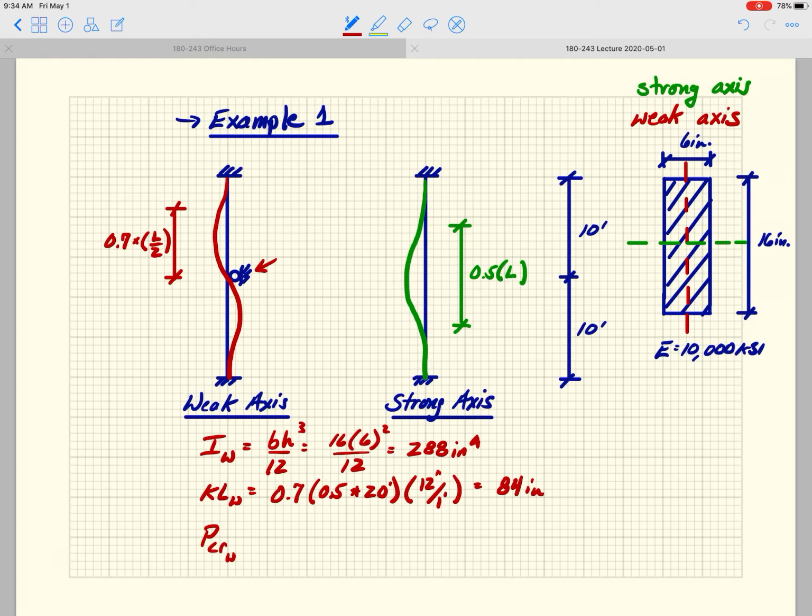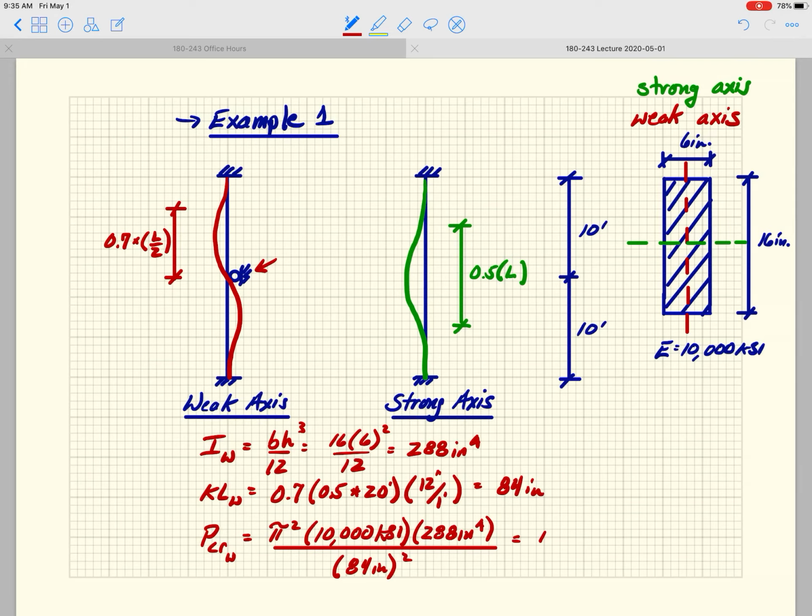So P critical here for the weak axis is just pi squared times E, 10,000 KSI, times I, which in this case is 288 inches to the fourth, and that is all divided by my KL, which is 84 inches squared.